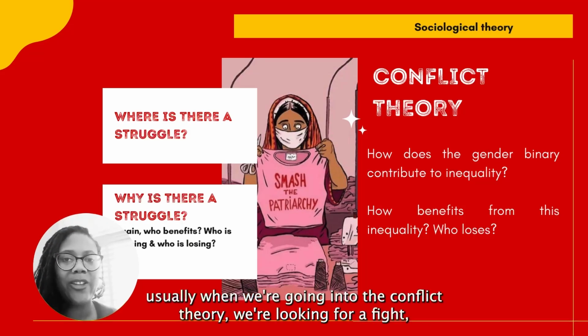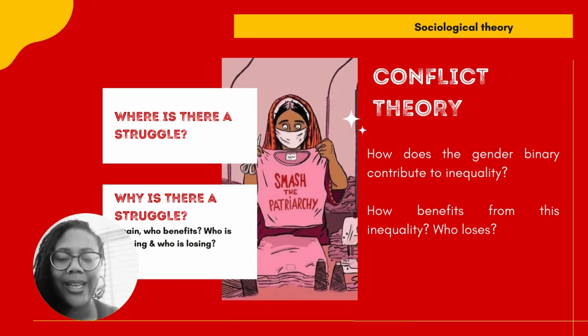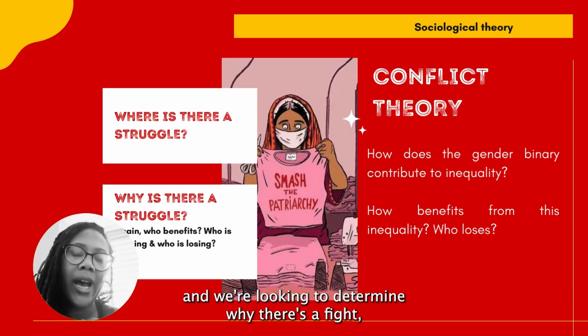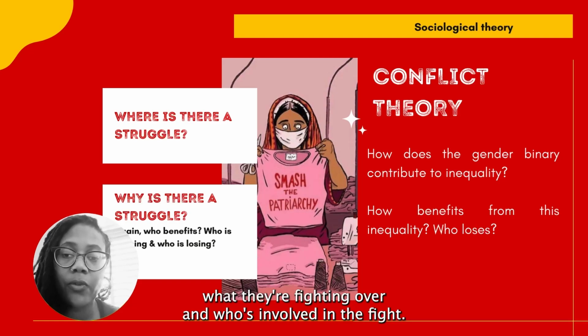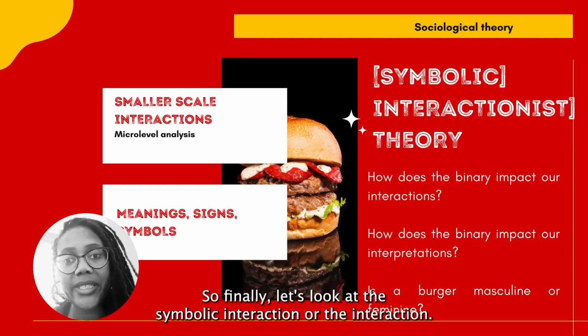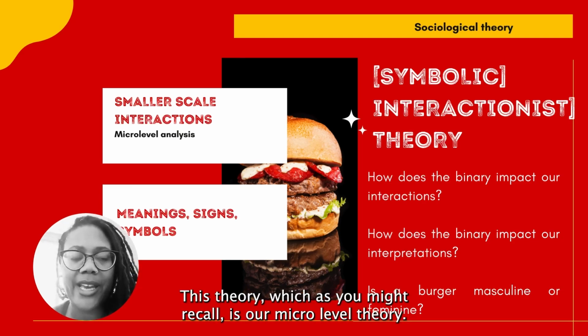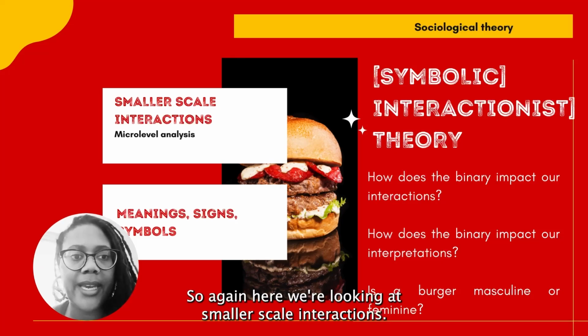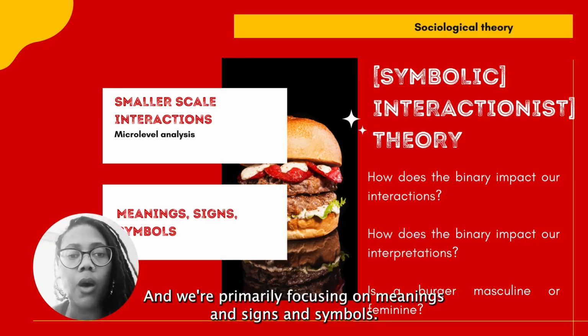And so usually when we're going into the conflict theory, we're looking for a fight, and we're looking to determine why there's a fight, what they're fighting over, and who's involved in the fight. So finally, let's look at the symbolic interactionist, or the interactionist theory, which, as you might recall, is our micro level theory. So again, here we're looking at smaller scale interactions, and we're primarily focusing on meanings and signs and symbols.